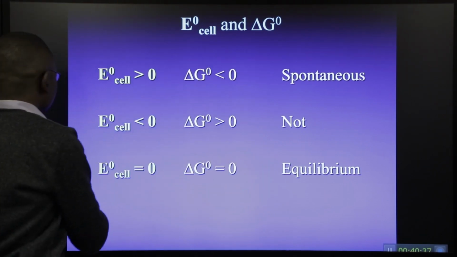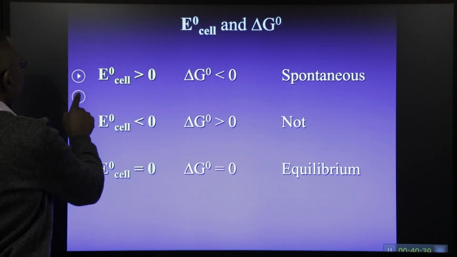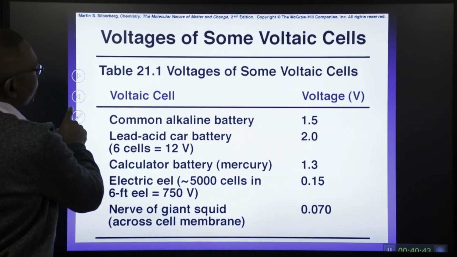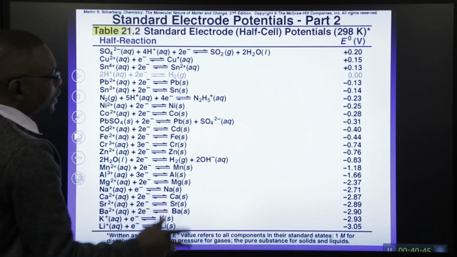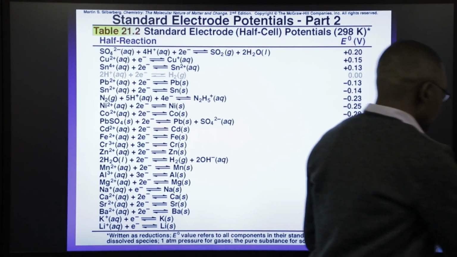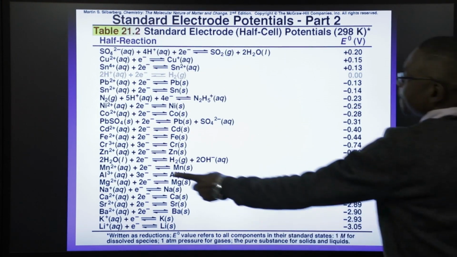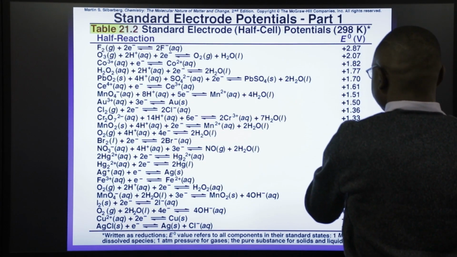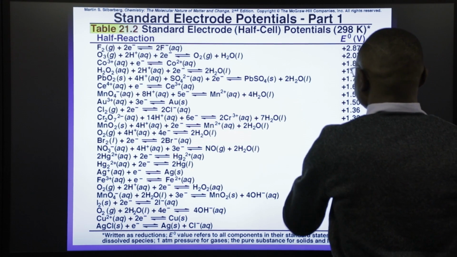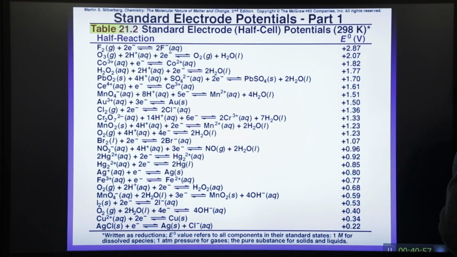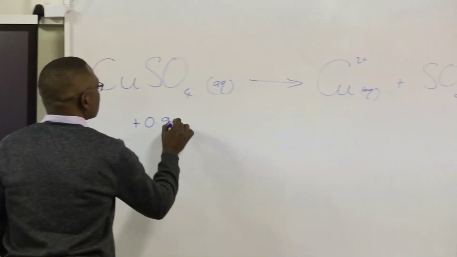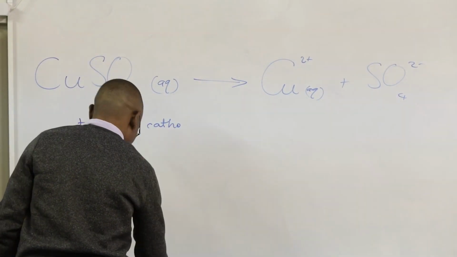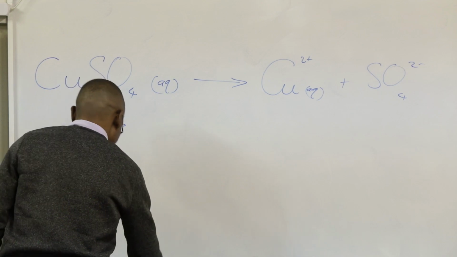So you should make sure that you choose your values carefully. Let's say, for example, if I quickly show you here, let's pick up any one of the values. Say you choose your zinc here, which is plus 0.96, to be your cathode. Oh, sorry, remember earlier on we used it as an anode.